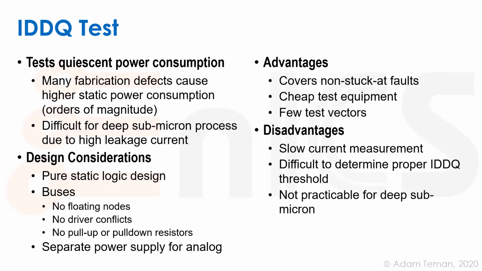And it can find all kinds of problems that maybe you have in different transistors and in different metals that you can't see, or that your stuck-at faults don't cover. So the advantage is that it covers non-stuck-at faults. The test equipment is cheap, and you have a few test vectors. It's slow, and it's difficult to determine the right thresholds and so forth. But it's another thing that's discussed often. I don't know how much it's done.